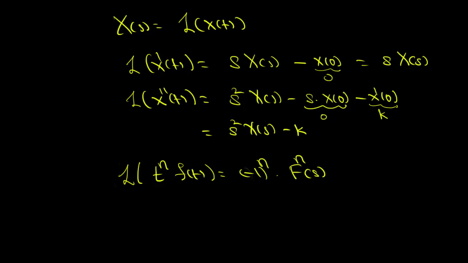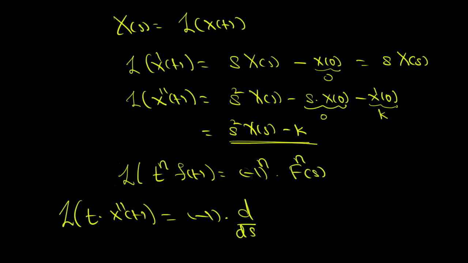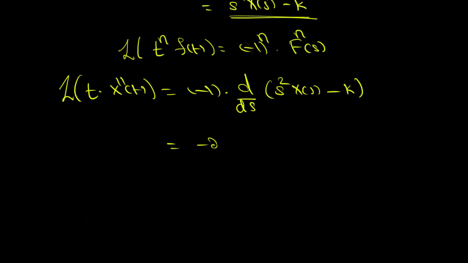But here n is just 1, so the Laplace transform of t x''(t) is −1 times the first derivative of the Laplace transform of x'', so d/ds of (s²X(s) − k), which is equal to −2sX(s) − s²X'(s).